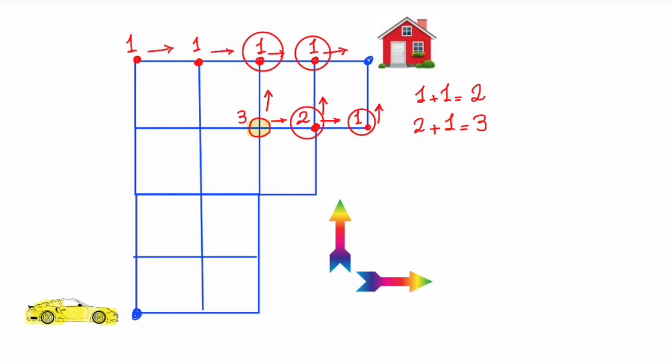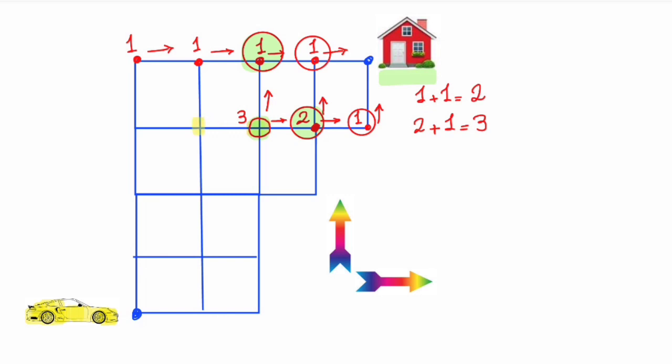Okay, up to now we notice that if we add the number on the right side of a point with the number above that point, then we get the number of different ways from a point, for example, this point, to the red house. Now we can find the number of different ways from each point in this map.